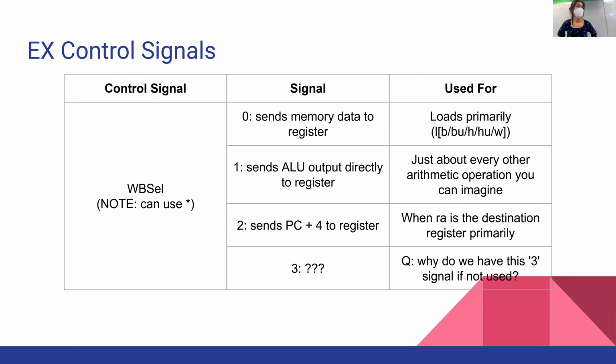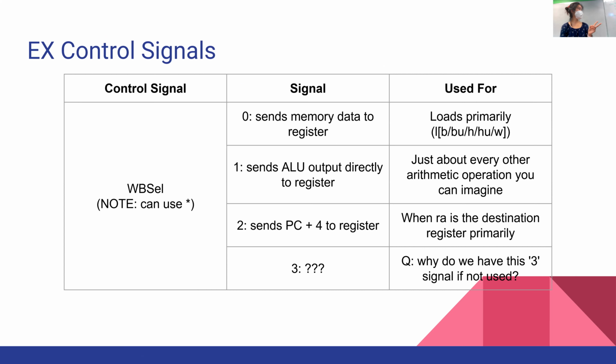So think about our wires. For our previous stages, so for PC sel, A sel, B sel, etc., we only have two possible values, 0 or 1. And so a one bit input will be able to take care of all of those. But for write back sel, we have at the very minimum 3 different inputs that we want to have. So 1-bit selectors aren't going to be enough. So we'll have a 2-bit selector.